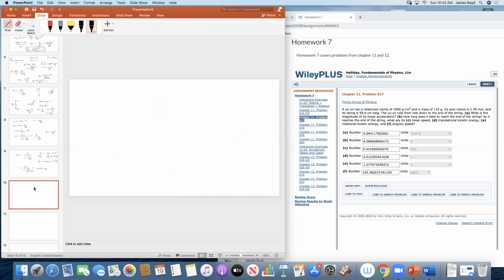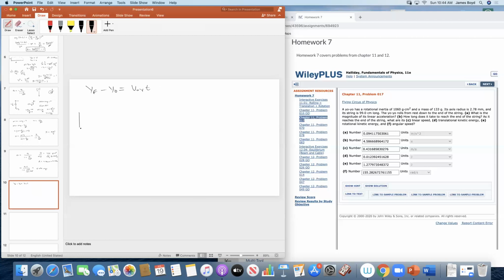Now that we know that, how long does it take to reach the end of the string? Okay, so we know that it starts from rest. And we know that when it gets to the bottom, it's going to have some V final. First things first, though, we need to figure out the time it takes to get down there. So we can go back to our constant acceleration equations: y final minus y initial is equal to v naught of y times t.